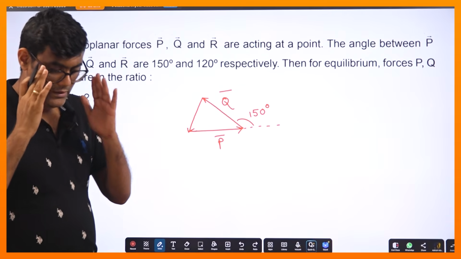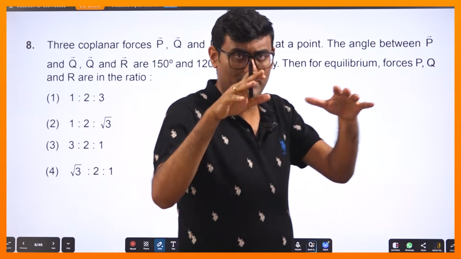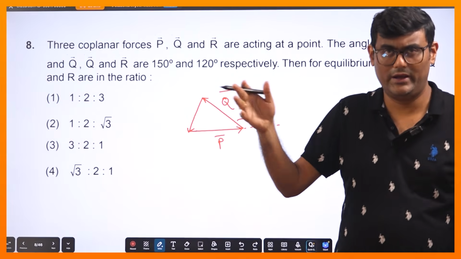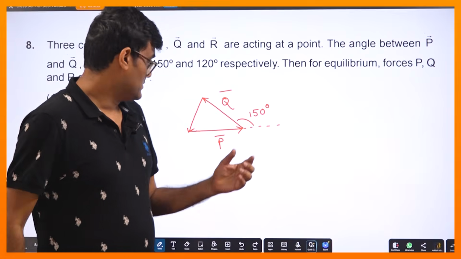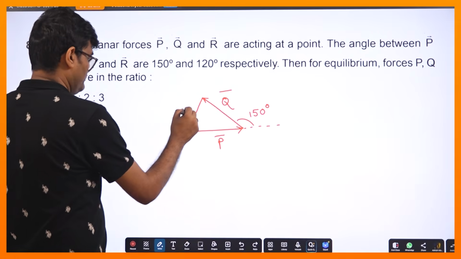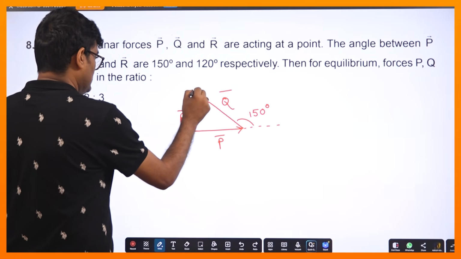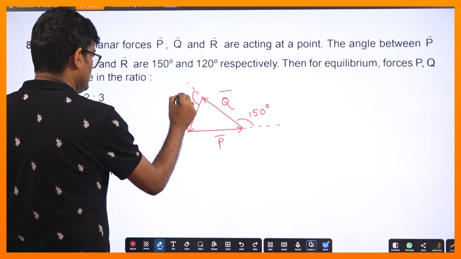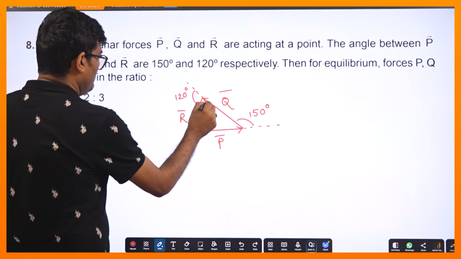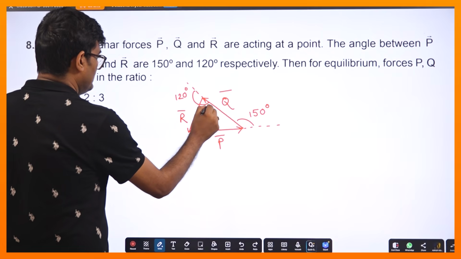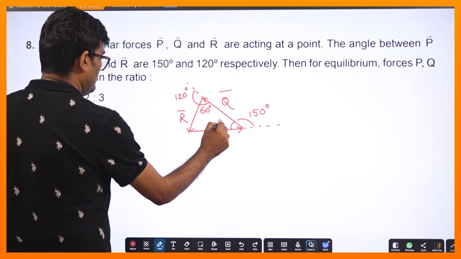We all know that for equilibrium all the coplanar forces, or any number of forces, will form a closed polygon. So they are forming a closed polygon. This angle is 120 degree, right? So I know this angle must be 60 degree and this angle is 30 degree, right?